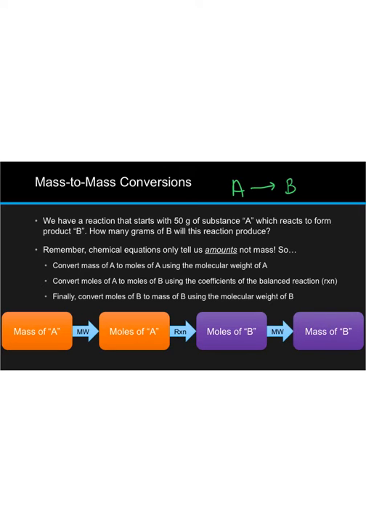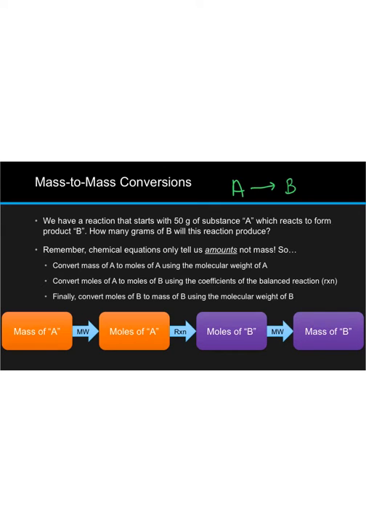Instead of determining numbers of moles directly, we're often given mass as starting information. But in order to convert between quantity of reactant A and quantity of product B, we really need moles.